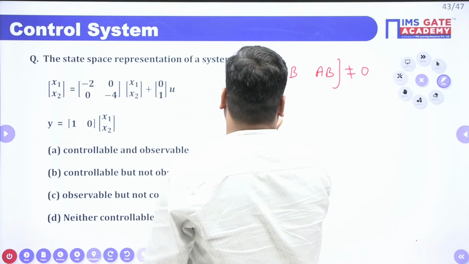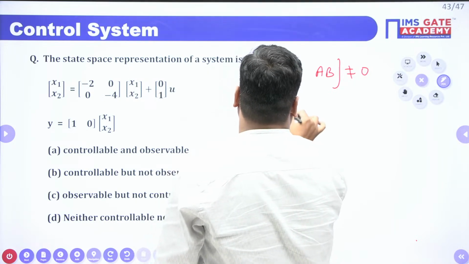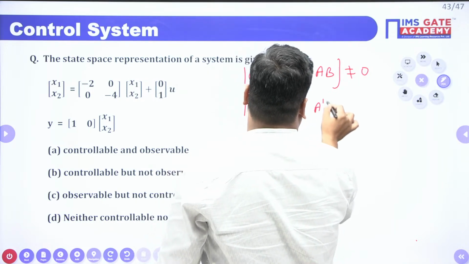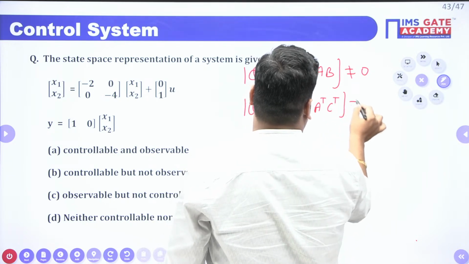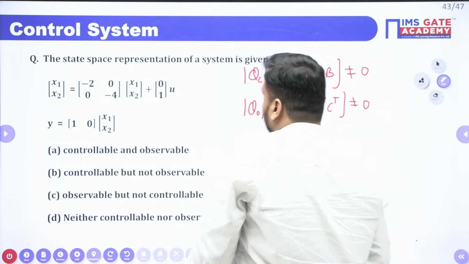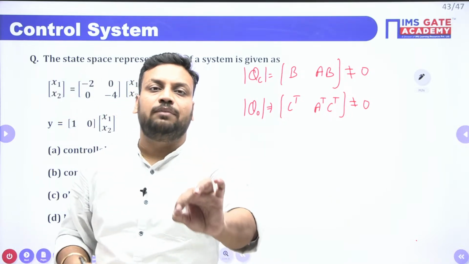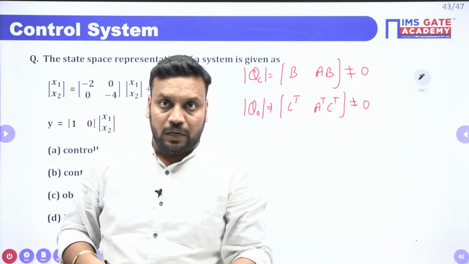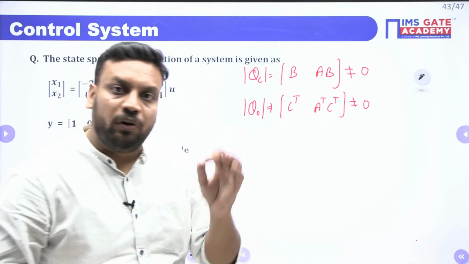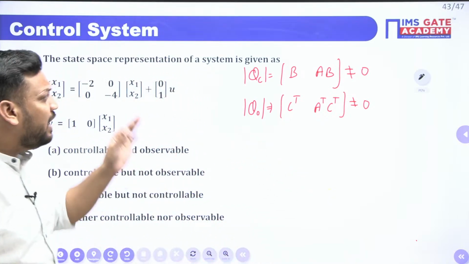For observability, we write CT, AT, CT, which should not be equal to 0 to make the system observable. First of all, I am solving this question using the conventional approach, and after that I will provide you the short trick. However, if you attended my lectures, you already know the short tricks and can solve this question within 2 seconds.